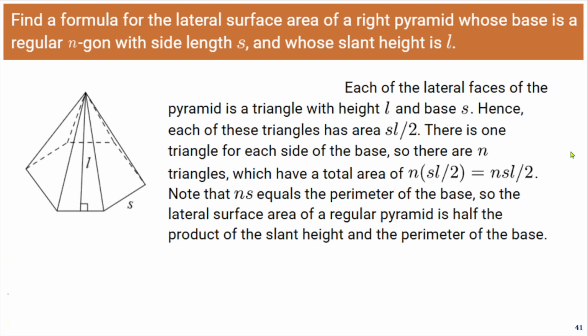Note that nS equals the perimeter of the base, so the lateral face area of a regular pyramid is half the product of the slant height and the perimeter of the base. You can also use this as an important property to solve questions.